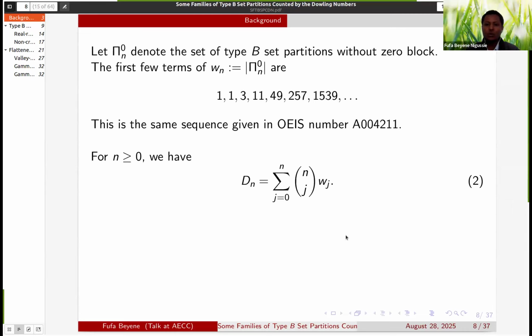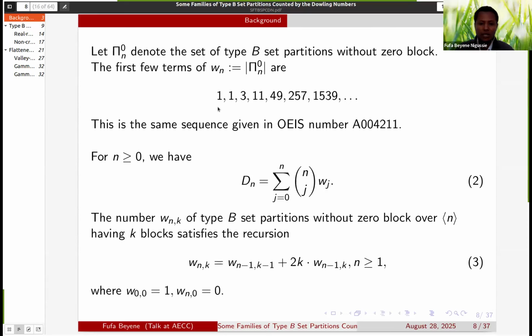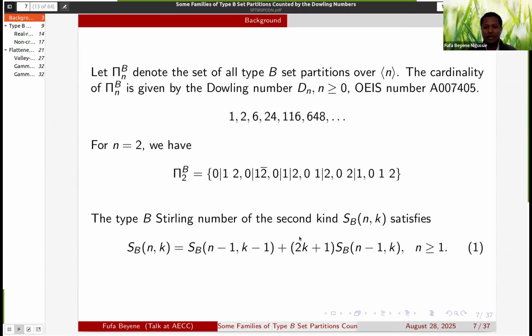If one wants to enumerate type B set partitions without zero block according to the number of blocks, then we have this recursion. And this recursion is almost similar to that of the type B Stirling number of the second kind. As you remember, there is no coefficient here, but here it is 2k plus 1.